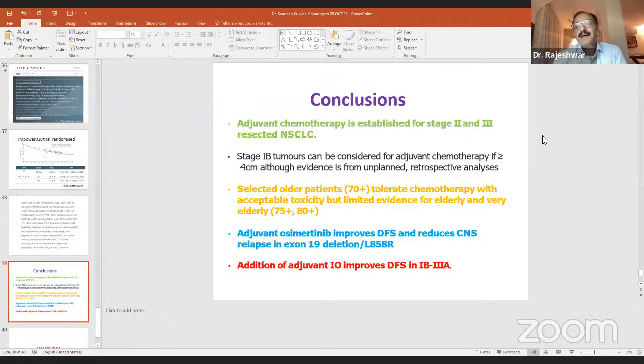You see, we can only do this in stage 1, 2, and 3, because the standard of care in 3B and above is chemo-RT. So we cannot fiddle with the standard of care unless some trial comes which compares with it. In early stage, these are the trials which are there.